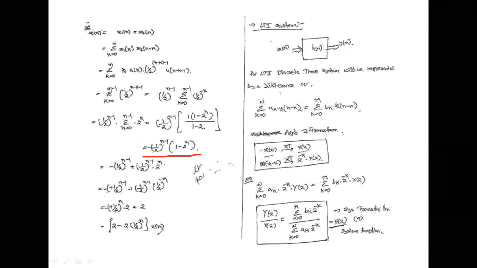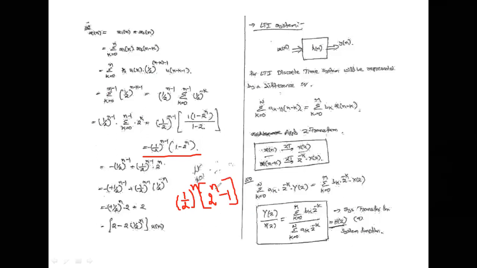Why is it mu of n? It's mu of n because they are asking for the positive value. Then it becomes mu of n. Okay, why is there a minus? 1 minus 2, it becomes a minus here. If I multiply this as 1 by 2 whole power n minus 1, the 2 power n minus 1 minus 2.